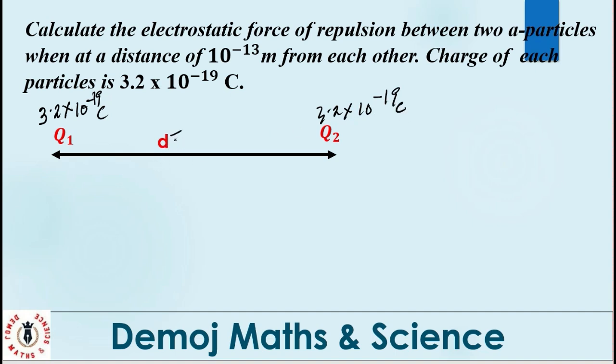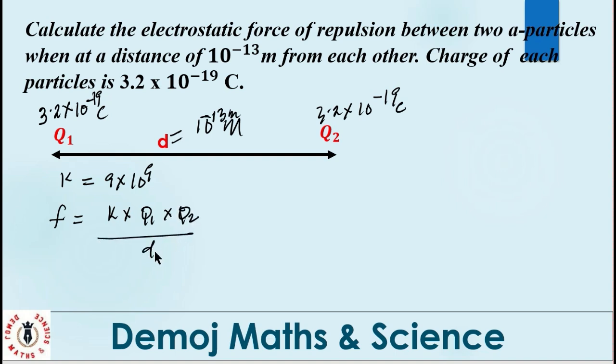The distance d between them has been given as 10 raised to power minus 13 meters. Since we are not told the kind of material it is, we'll assume it's free space, so our K in this instance will be 9 times 10 raised to power 9.